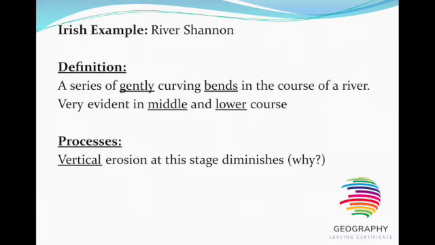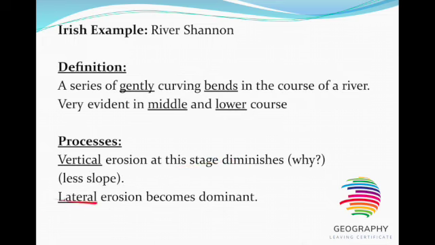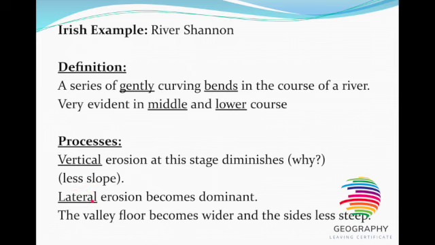So the slope isn't as extreme, therefore the speed or velocity of the river is slowed down, and so vertical erosion is calmed down a little bit. Now I'm not saying it doesn't take place, but it just diminishes and it's taken over by lateral erosion, the side-to-side erosion. So vertical erosion decreases because we don't have as much of a slope as we did in the upper course, and the side-to-side or lateral erosion becomes more dominant.